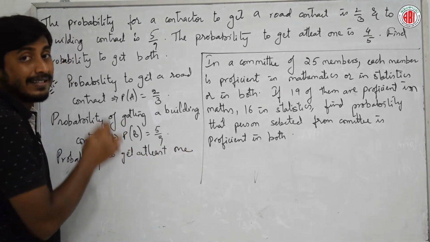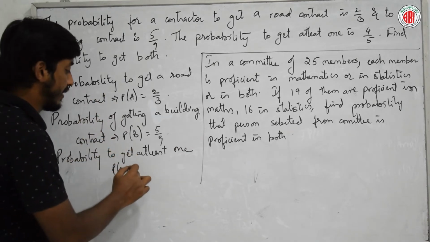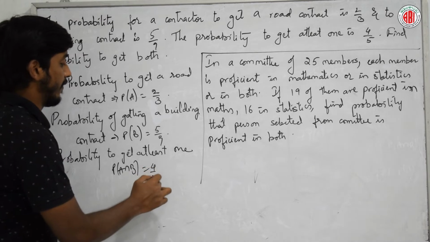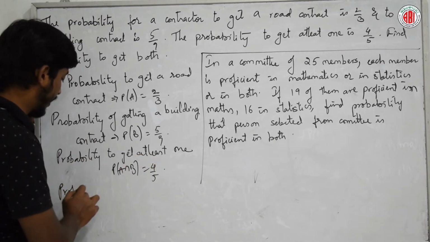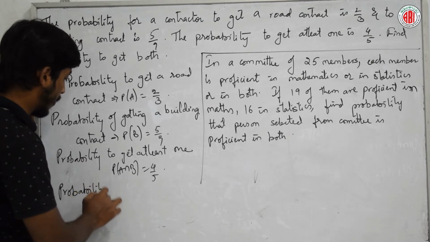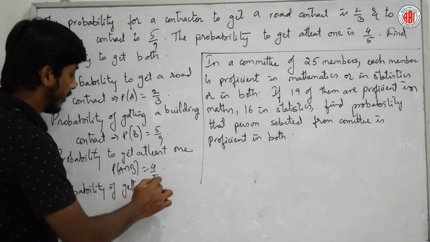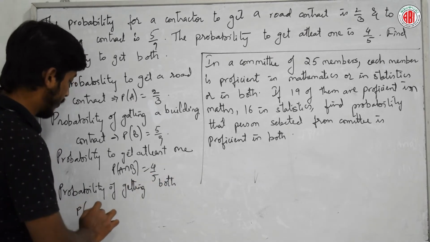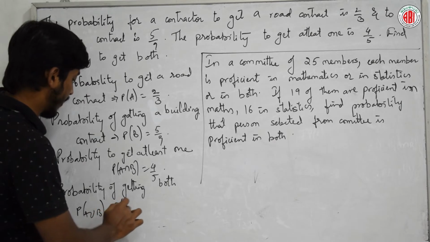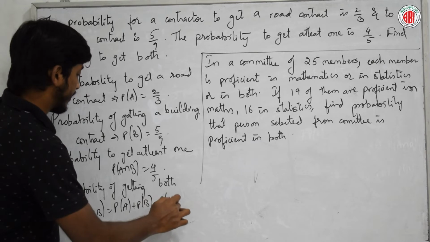At least 1 in the sense either this or that, which indicates P of A union B, which is 4 by 5. Then he is asking us to find the probability of getting both, which is P of A intersection B. That is equal to P of A plus P of B minus P of A union B.